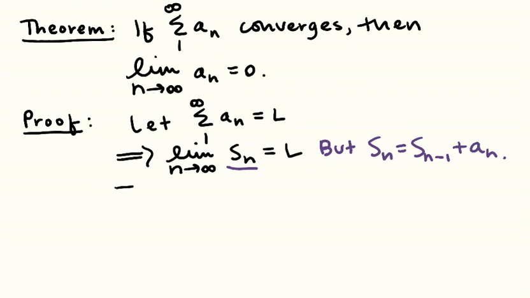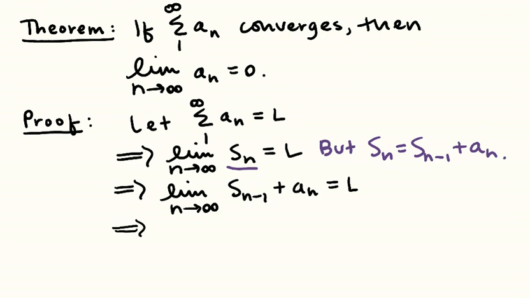This means that the limit of S sub n minus 1 plus a sub n is equal to L. Now, we've got a limit property that we probably haven't thought of for a really long time, but we can split this up into two separate limits.